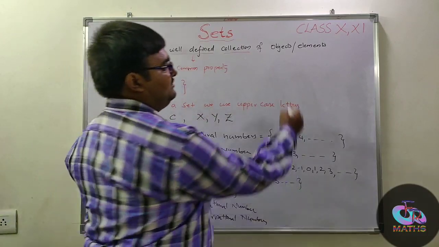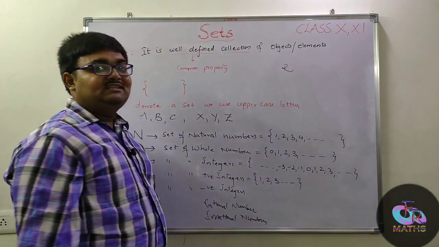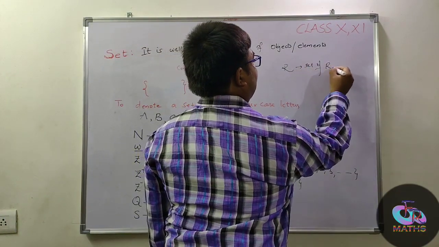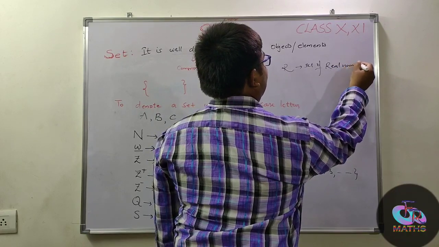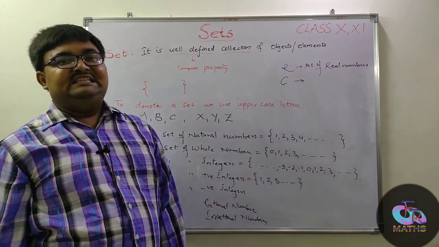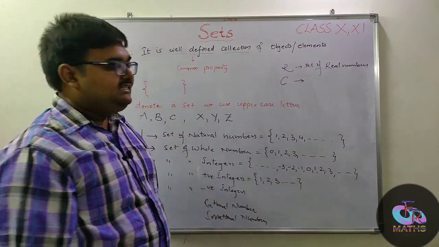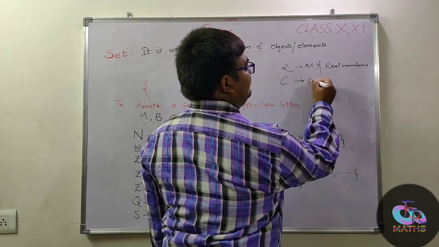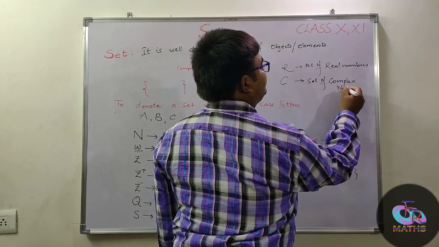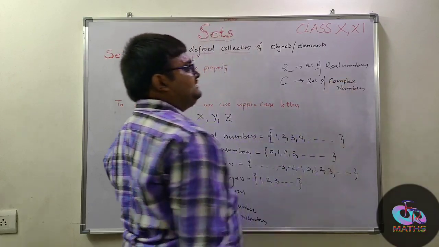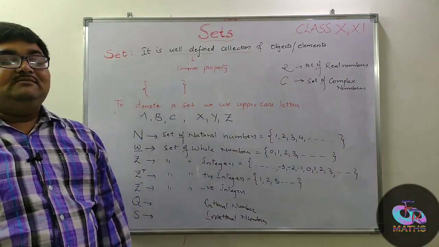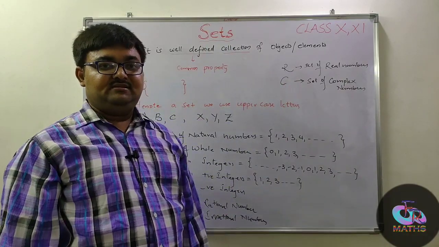Likewise we have R, which is the set of real numbers, and after that you are going to learn another set in your upcoming classes. C is the set of complex numbers. This is the largest number set, the universal set of all the numbers.